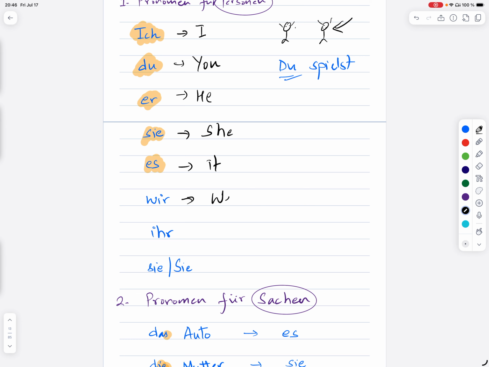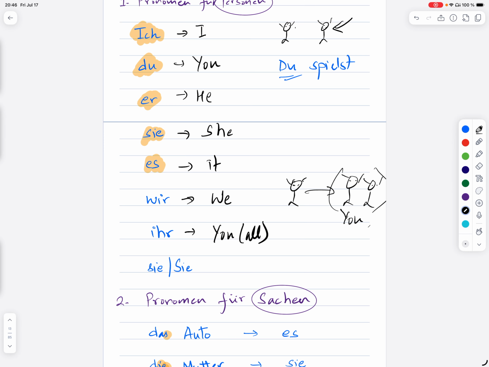Where is we, then we have ihr, which is you, you're talking to you all. What does it mean? For example, you're talking to other people, two people or three people, and you are addressing them. So you can say you here, you all, because you're taking these people together.